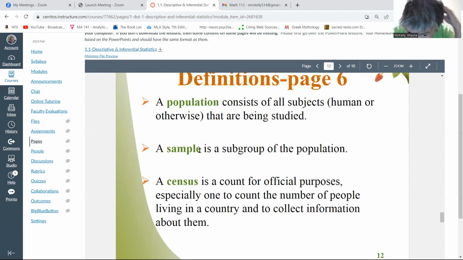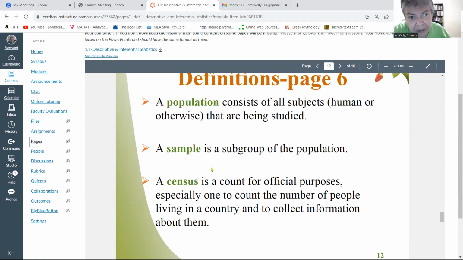Okay? A census, though, you might have heard of the census. It happens every 10 years. That's our most famous sort of concept of a census. But it's a count for official purposes, for the government, for the city, whatever it might be. And it's the number of people that live in a country, and that you collect demographic information.